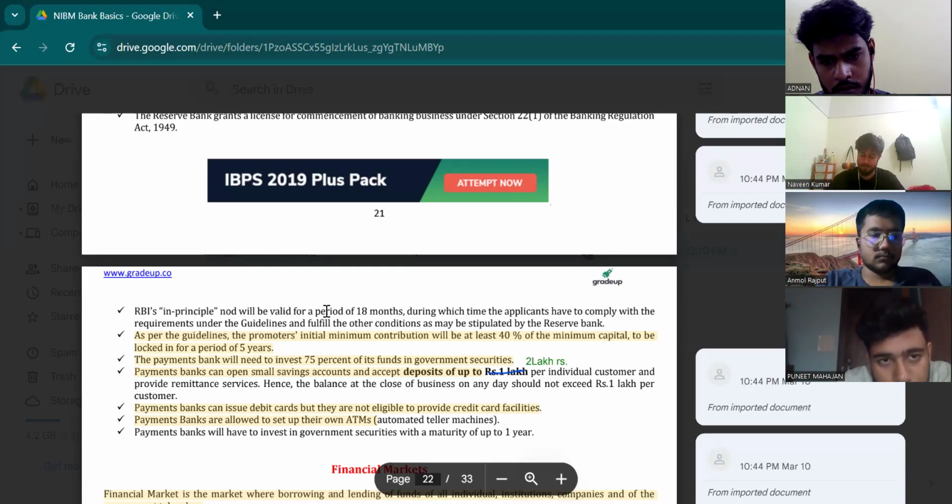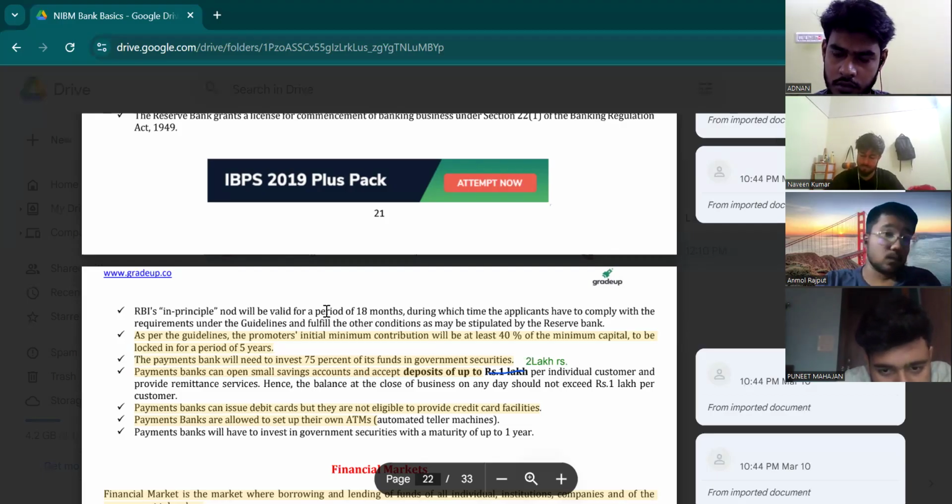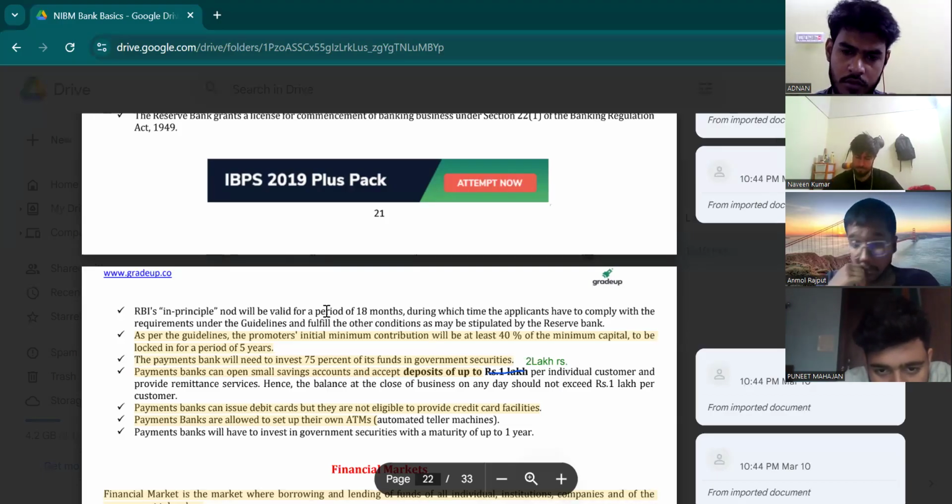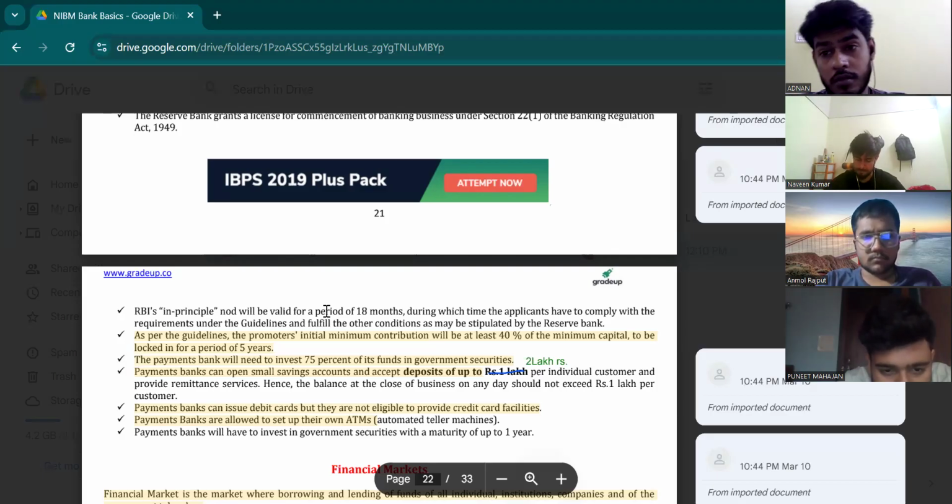So three things you have to remember: they are for financial inclusion by providing small savings account facility; the maximum deposit they can accept is 2 lakh rupees. Getting this thing? And they can issue a debit card but not provide credit card facility.